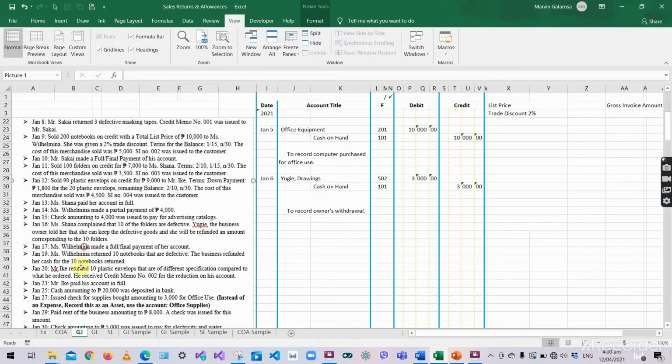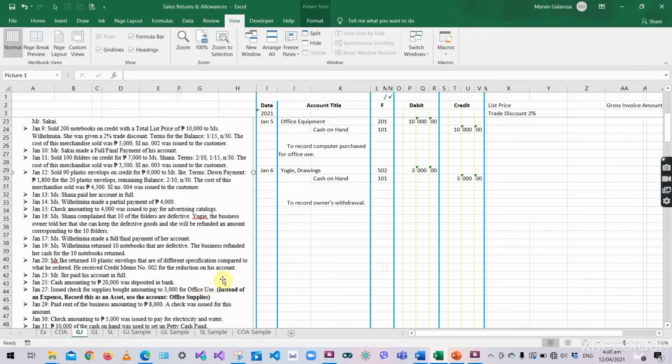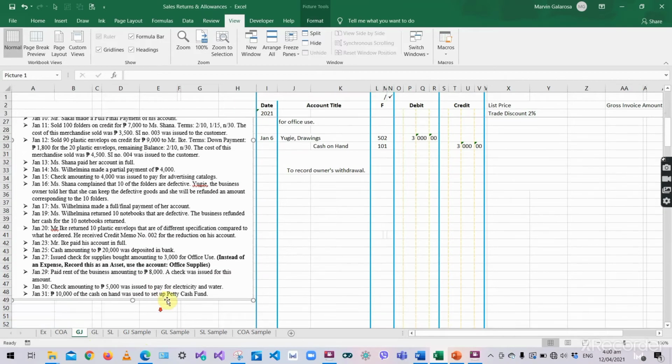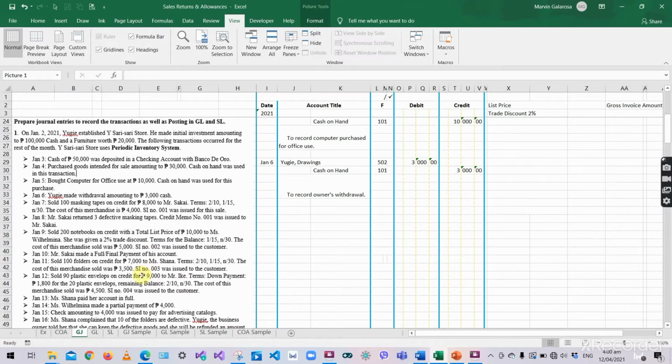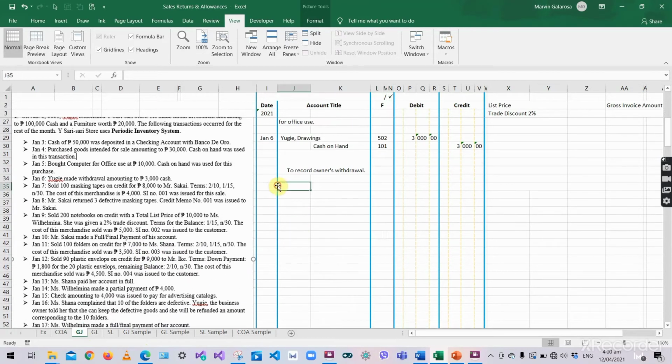Medyo baba natin to. Ayan. January 7. Sold masking tapes on credit for 8,000 pesos to Mr. Sakay. Terms 2/10, 1/15, and over 30.